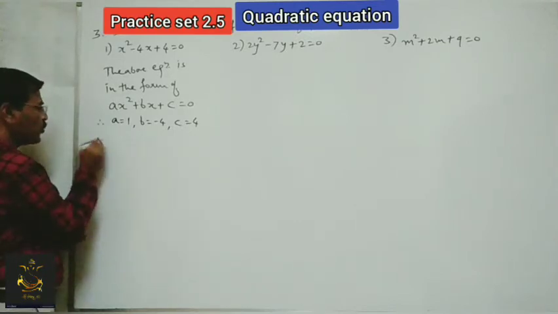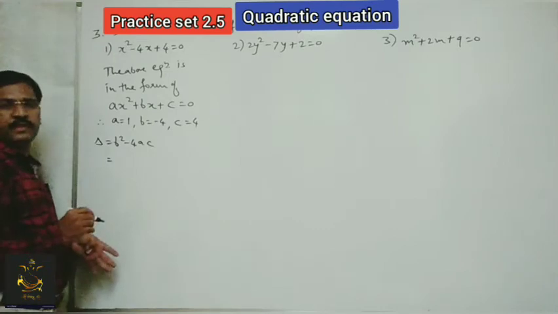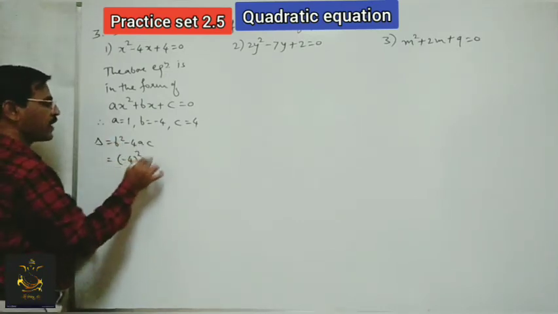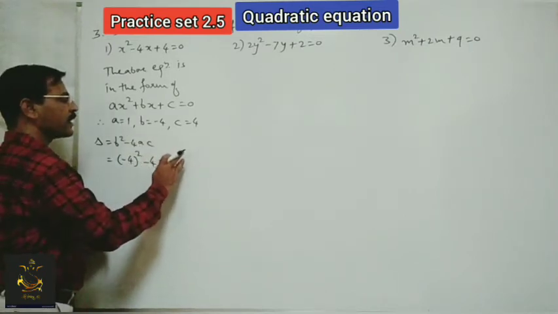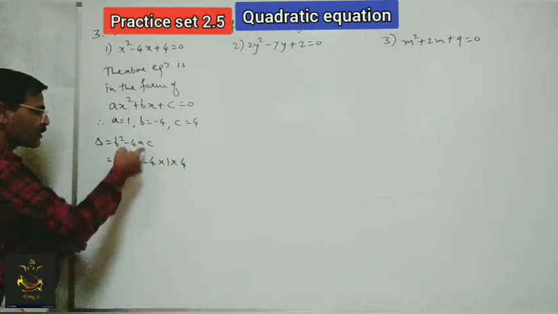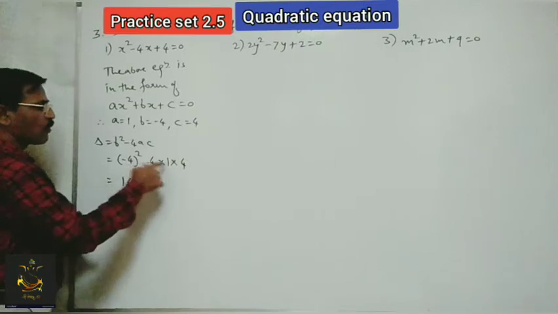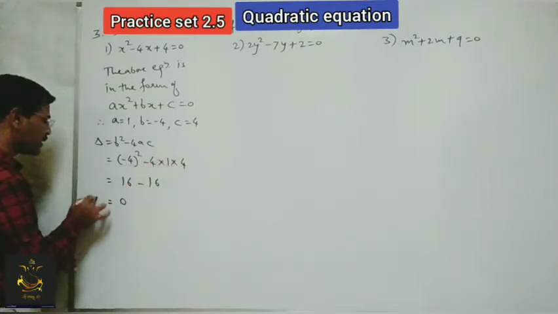Just as usual, we have to find the value of b square minus 4ac. See, b square is minus 4 bracket square, minus 4 into a for 1 and c for 4. Minus 4 square is plus 16, minus 4 ones are 4, 4 fours are 16. Here it is 0, which is delta.